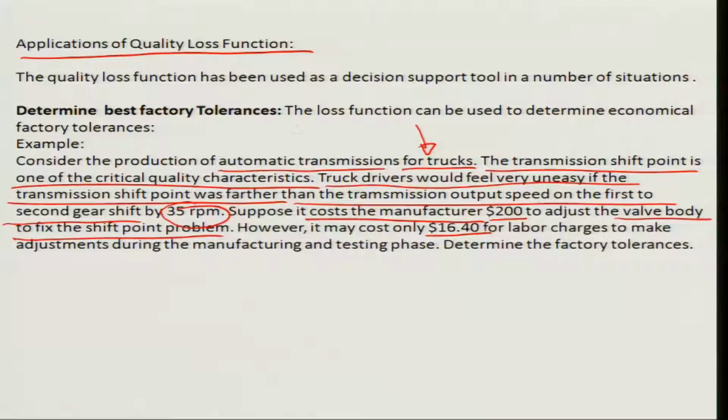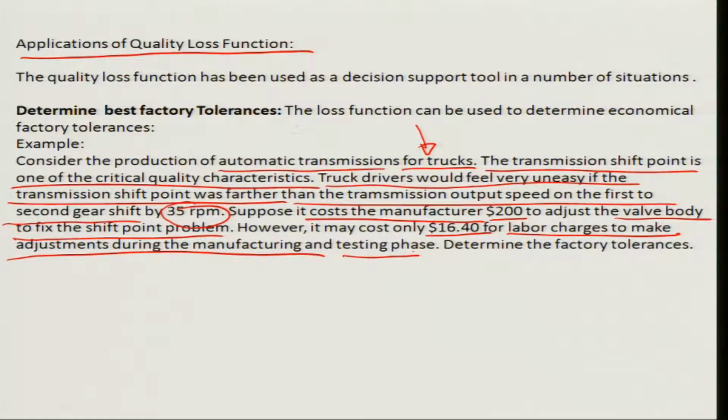However, if we look at only the in-process development, we only need to attach a cost of $16.40 for labor charges to make the necessary adjustments during the manufacturing itself, so that this problem does not go out in the market and does not bother the customer anymore.